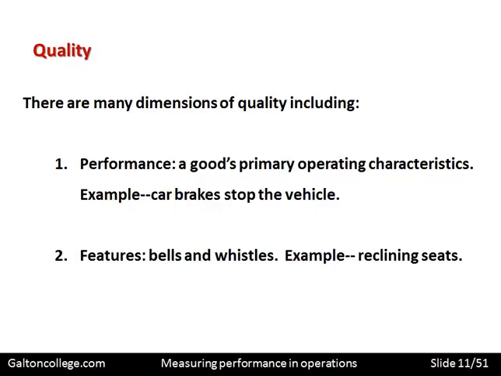So that was the bells and whistles. It's something extra. It's additional to the functionality of the car, in addition to the performance of the engine, the brakes, and all the vital parts of the car. So this is something in addition, the bells and whistles, the additional bits. Reclining seats could be an example.